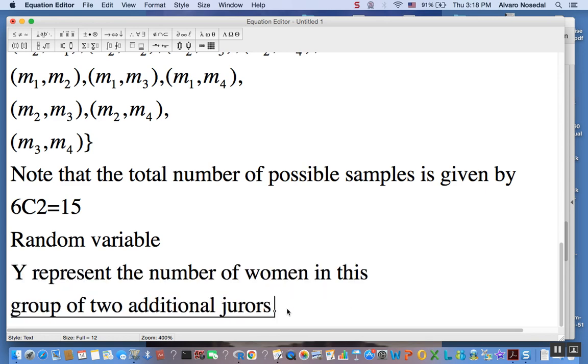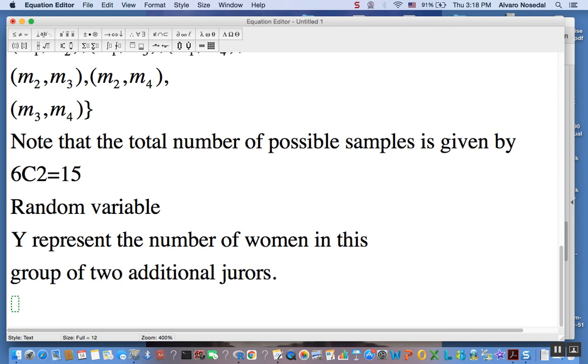Okay. So part A was about giving the probability distribution of y. And again, remember, when we say the probability distribution of a random variable, what we mean is just a list of all possible outcomes along with the corresponding probabilities.